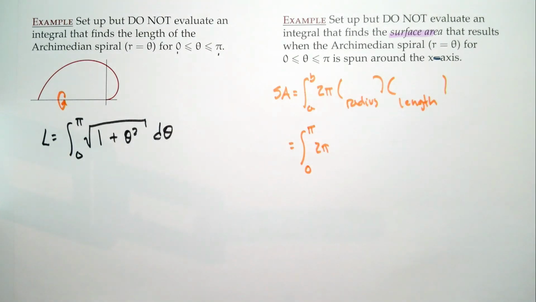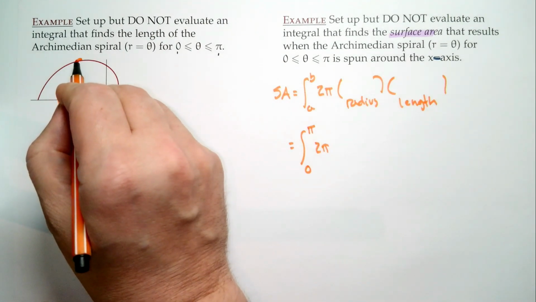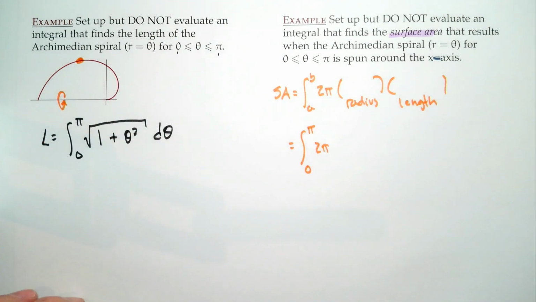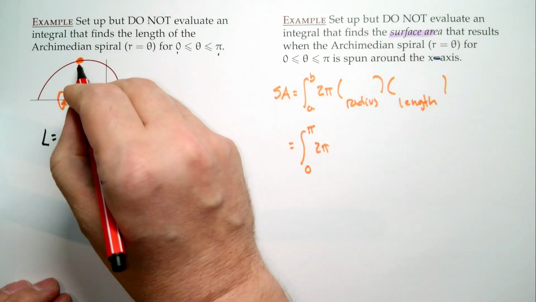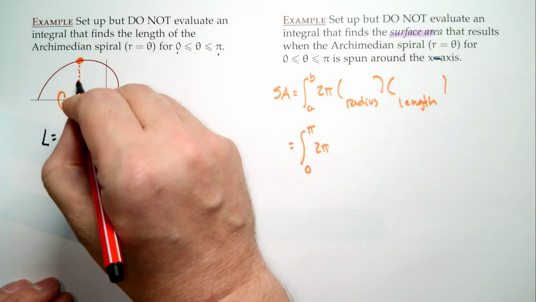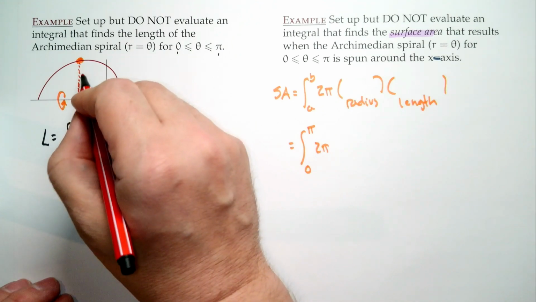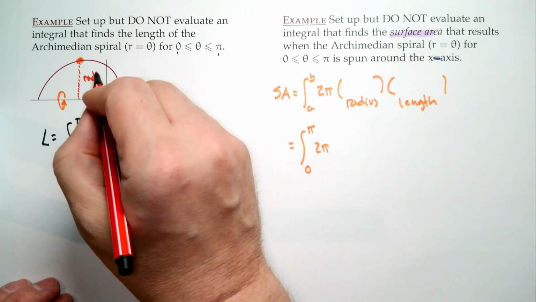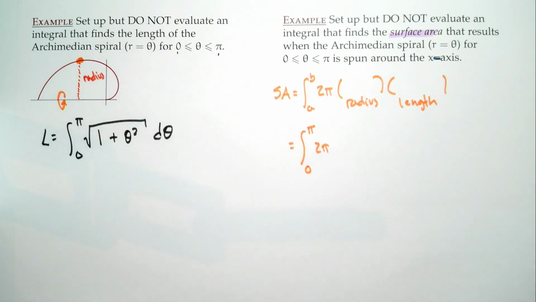Okay, now the part where we have to think. The way that surface area works is you say, here's a little bit of my piece of the curve. So just that little tiny piece. The radius says, how far is that piece from where you're spinning? So this is our radius. How far is it from our little piece that we're spinning down to where we're spinning?